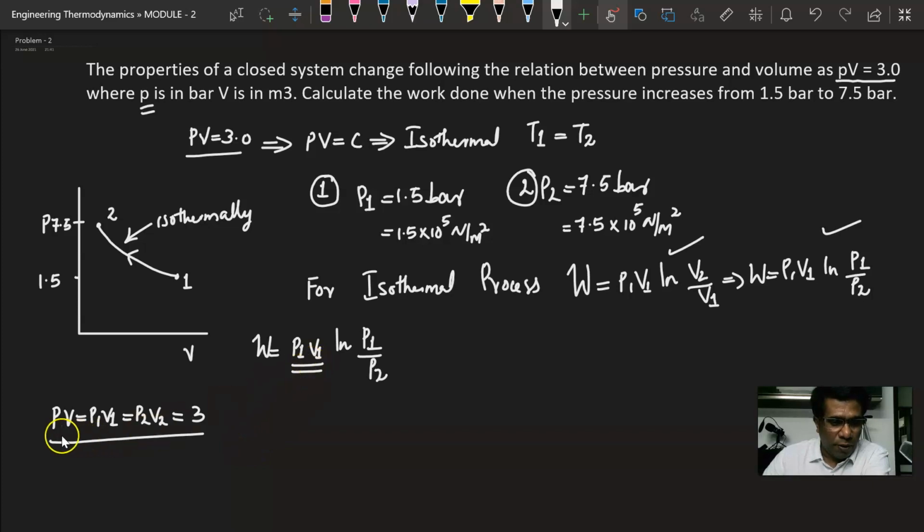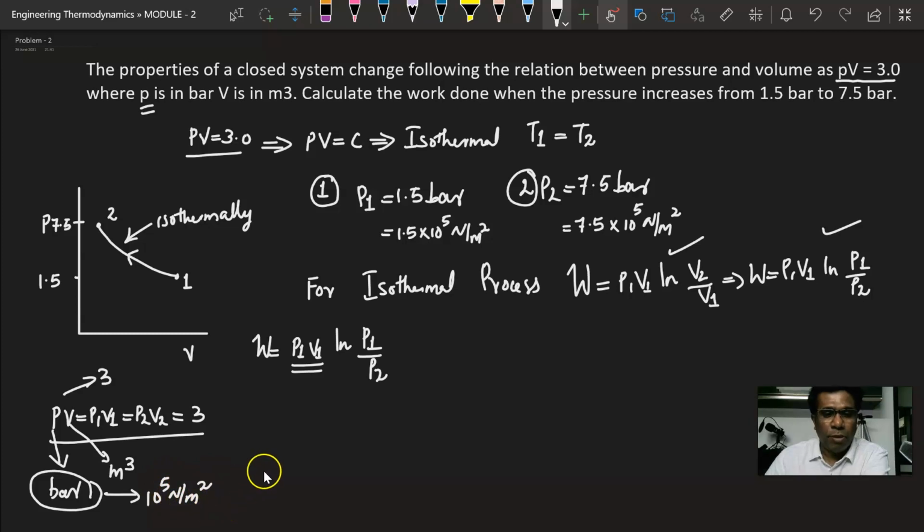Therefore, this P1 V1 becomes 3. But the main thing is that in this equation, it is mentioned that the value of pressure is in bar and V is in meter cube. So I need to convert the bar into 10 raised to 5 Newton per meter square.